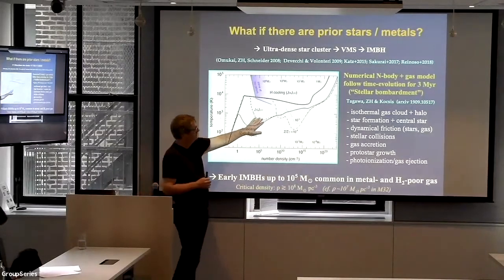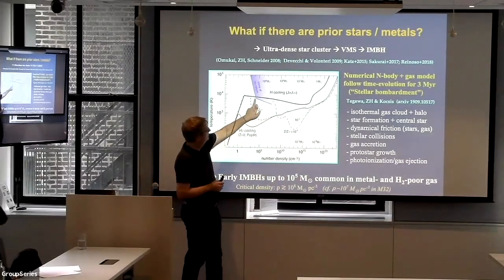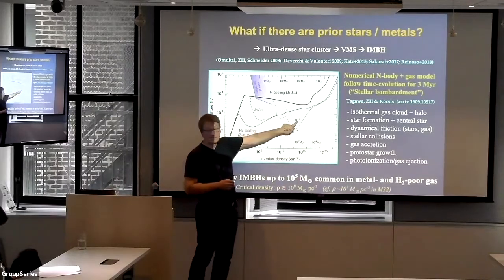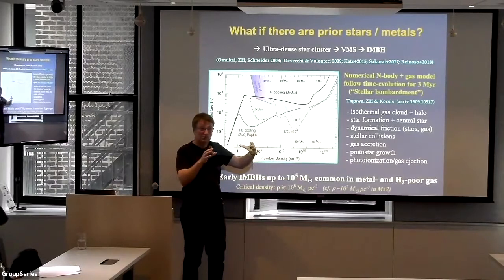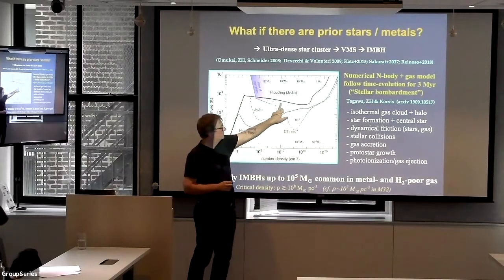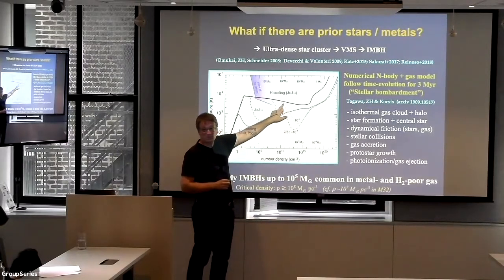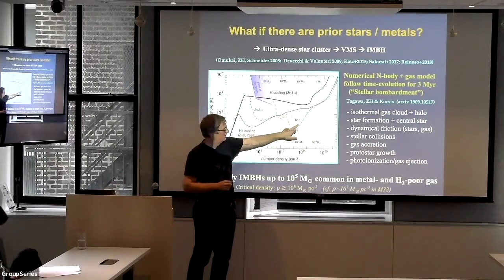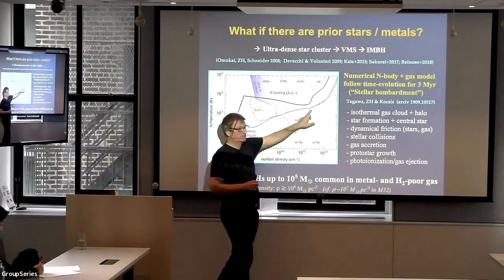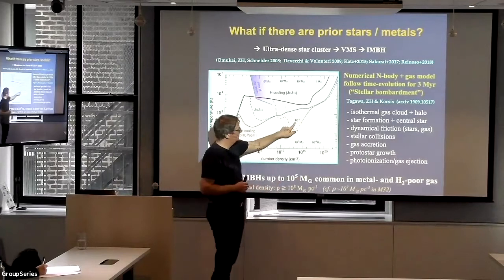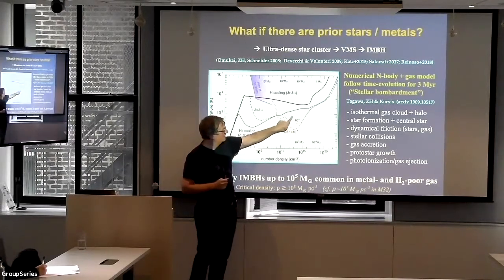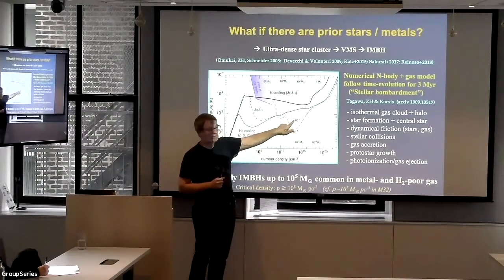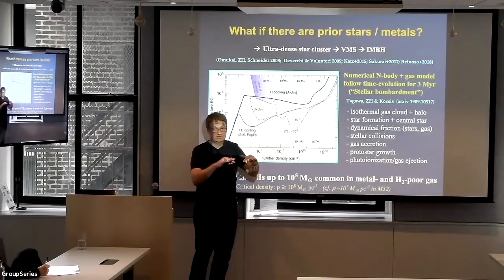Now, if there are some metals, this is from an older paper. For example, if the metallicity is 10 to the minus 5, then the same thing happens. The gas starts to cool and go to very high density, but eventually the metal cooling will lower the temperature and cause this minimum before it becomes optically thick. The idea here, which has been confirmed with simulations, is that the fragmentation happens over here, when the temperature is going to this minimum.